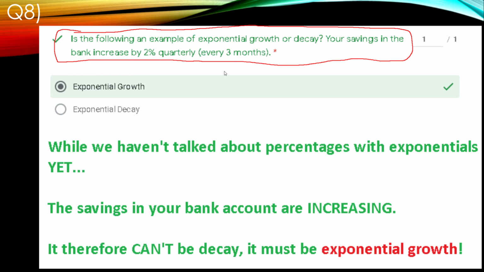These numbers aren't actually realistic here, but what this is saying is that if you have money in your account, after 3 months, it's going to increase by 2%. If it's increasing by 2%, it means we're really taking 102% of what we have in our account.